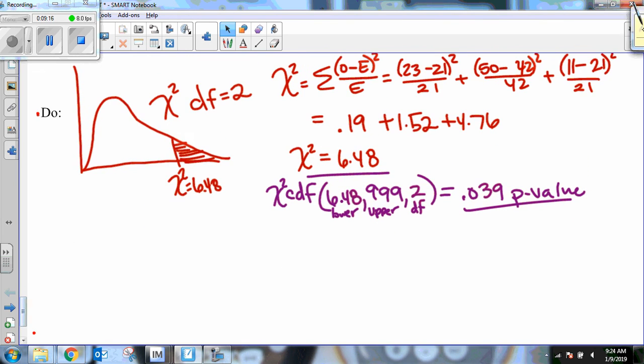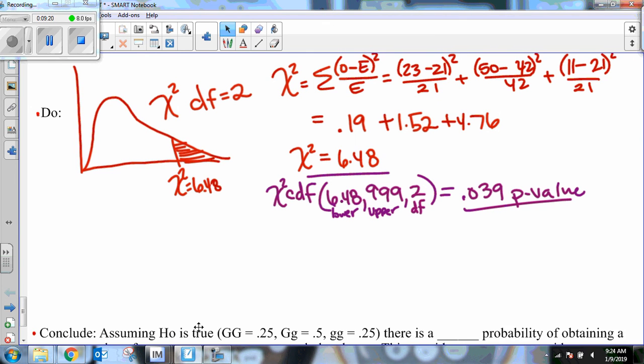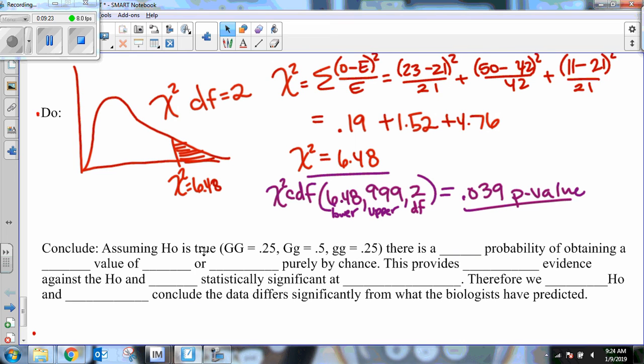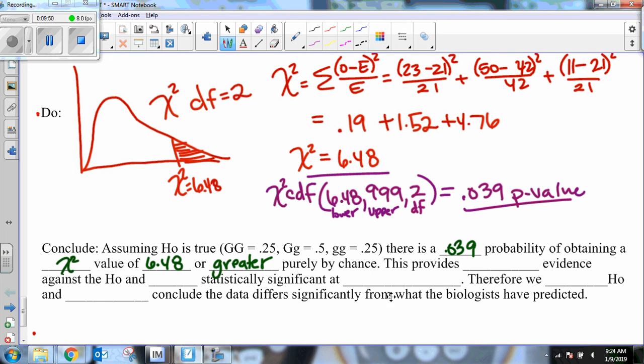Okay, and then lastly, we have the conclusion. All right, I'm going to drag that up so you guys can see it. Assuming the null hypothesis is true, that we've got this distribution, there is a 0.039 probability of obtaining a chi-squared value of 6.48 or greater purely by chance.